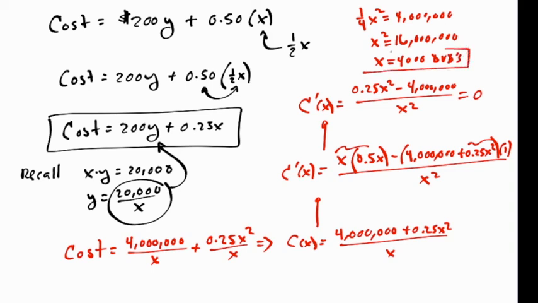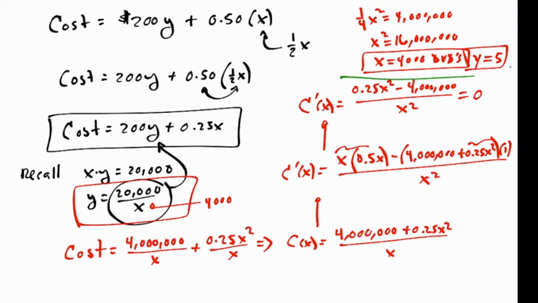And with 4,000 DVDs being produced on each production cycle, when we go back to our equation for Y and plug in 4,000 for X, we see that Y is equal to 5 production runs. And that is the solution for minimizing cost of producing and storing these DVDs for the inventory control problem.